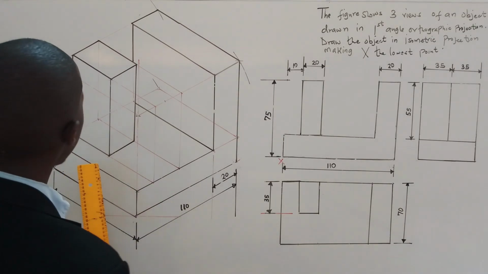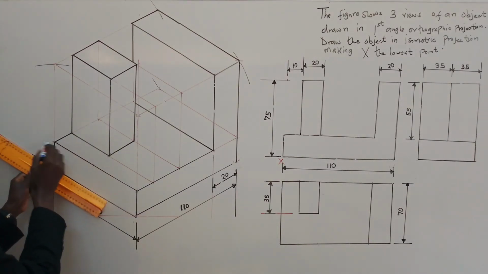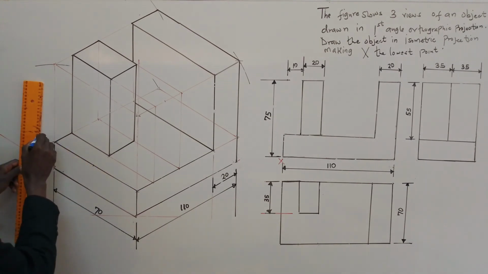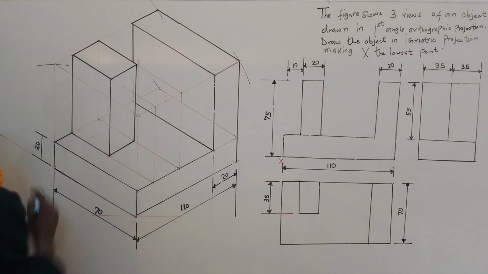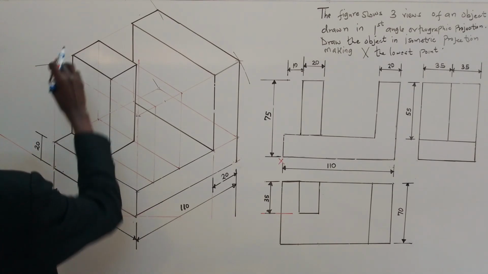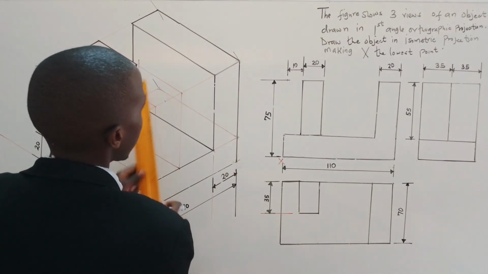We have the heights. So you can do from here. You have this height as 20. Then we have the remaining one, so we can give a measurement here.